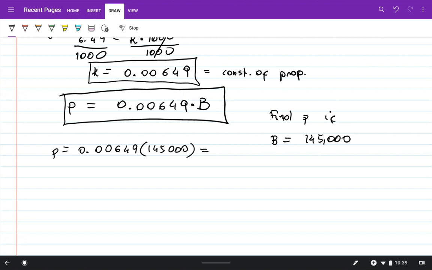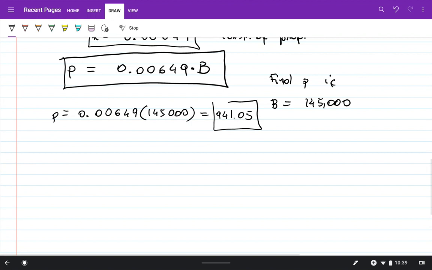Just multiply those two values and we'll end up with 941.05. Okay, that means the monthly payment is $941.05 if we borrow 145,000.